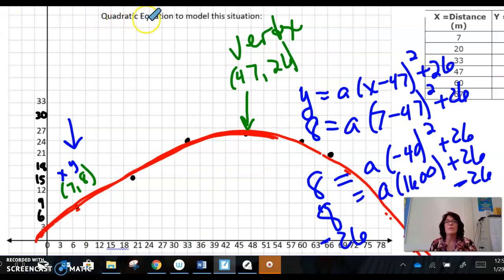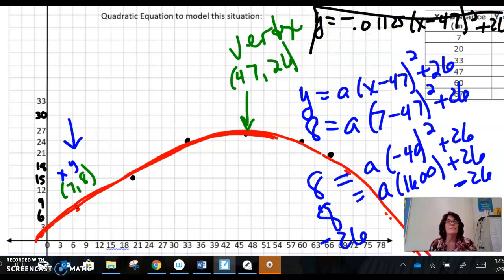It says, what's the quadratic equation to model this situation? I think it's y equals negative 0.01125 times (x minus 47) squared plus 26. Okay, sorry, let me do it down here.